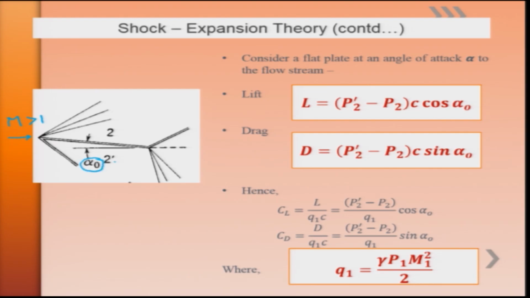The uniform parallel stream meets the leading edge of the flat plate airfoil, and since the flow turns away from itself, by geometry at the upper portion, the suction surface, a centered expansion fan is formed, whereas on the downward side, the pressure surface, an oblique shock is formed as the flow passes over the upper and lower surfaces.